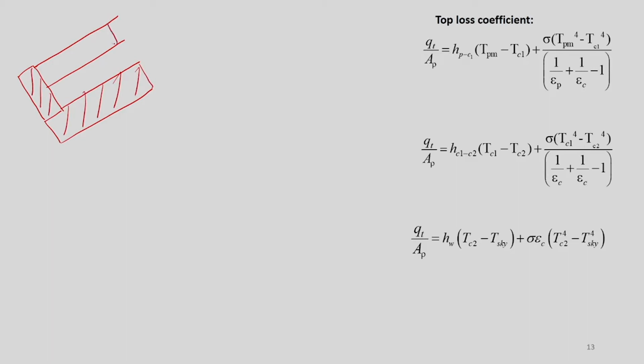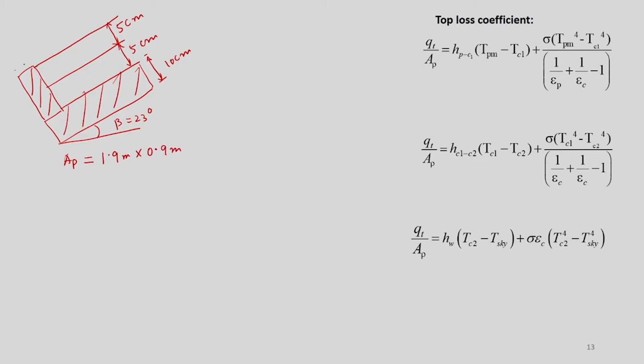This is given as 5 centimeter. This is also 5 centimeter, 5 centimeter, and this is 10 centimeter in the problem. This angle beta is given as 23 degree, and the plate area Ap is given as 1.9 meter by 0.9 meter.